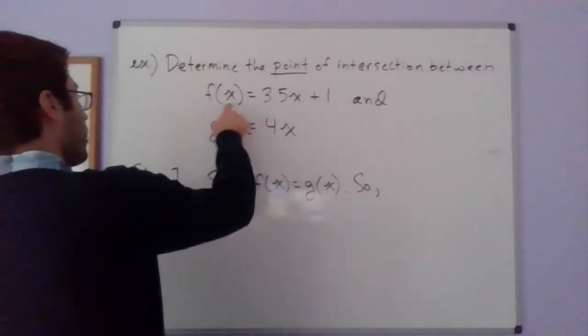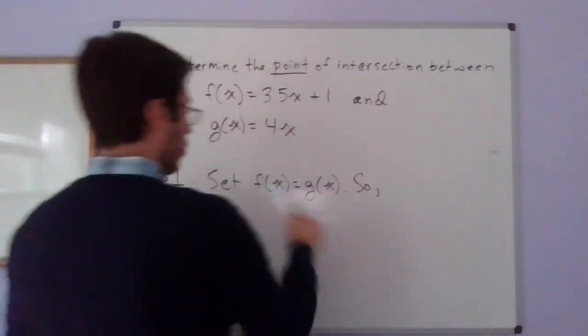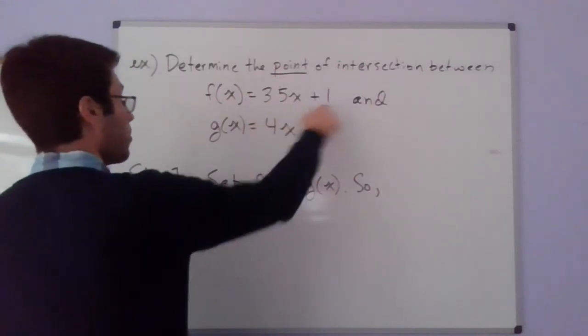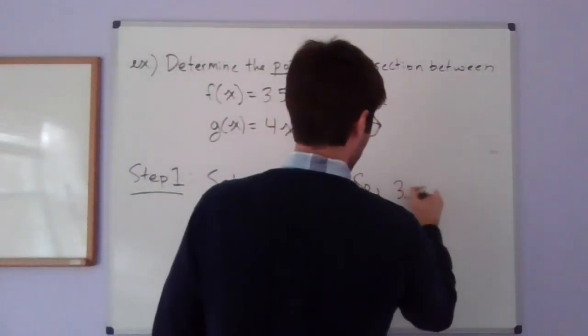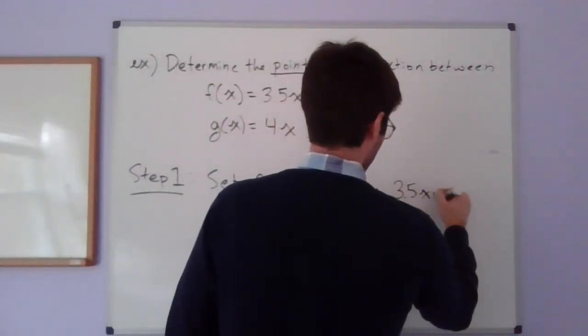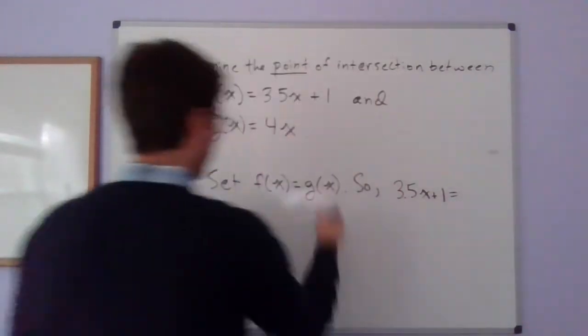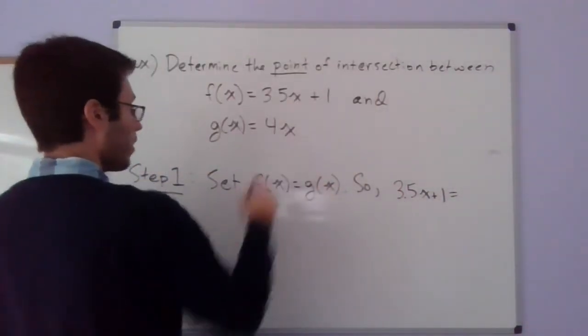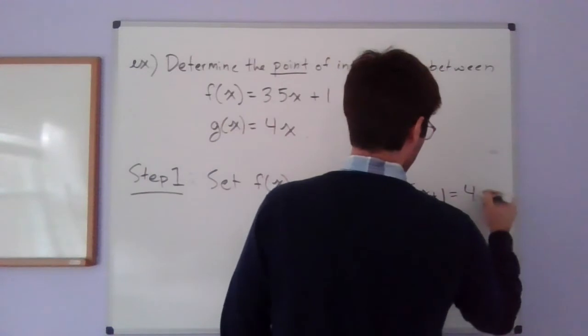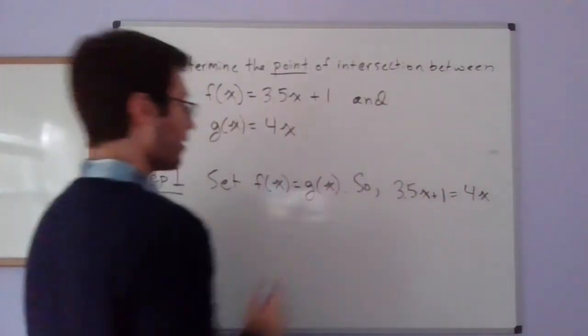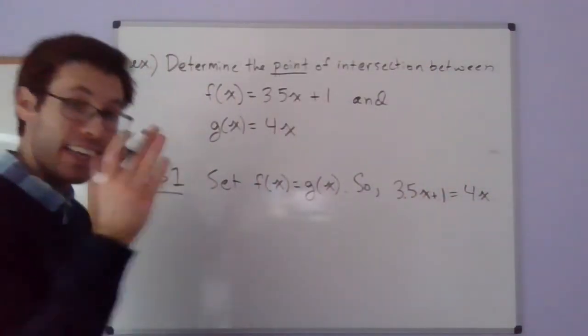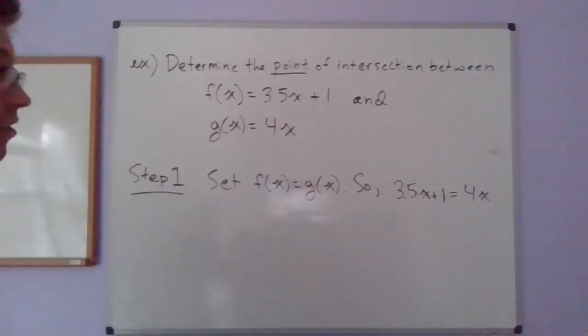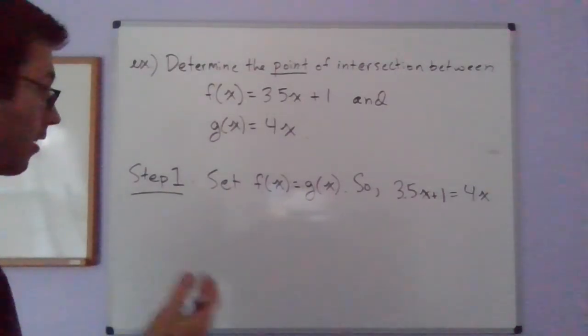By substitution, f of x is equal to that. So this left-hand side is 3.5x plus 1. And the right-hand side, g of x, that is really just 4x. So I'm going to write 4x here. Now I can solve for x. I needed to substitute those functions to be able to solve and figure out what x is.